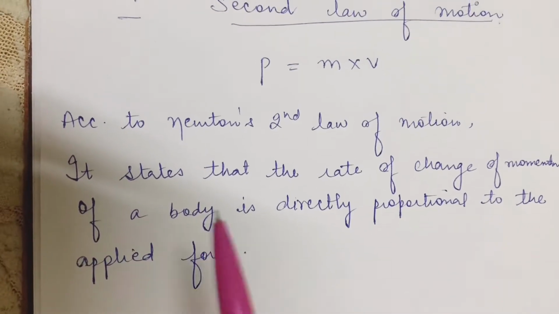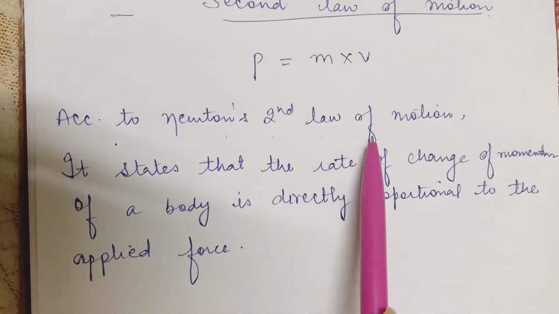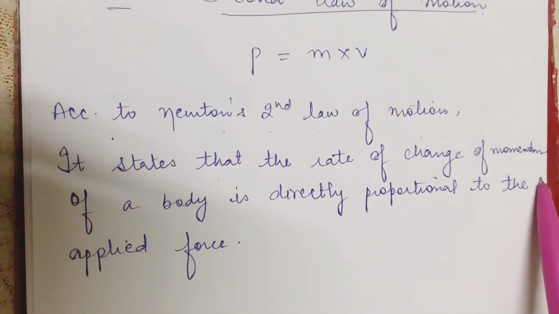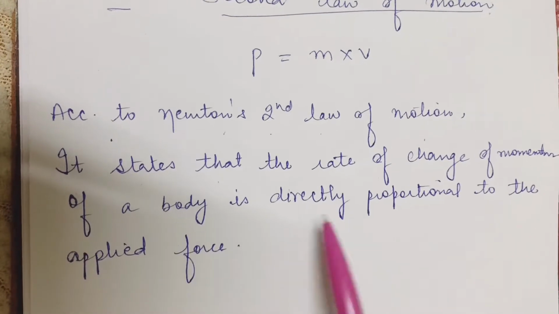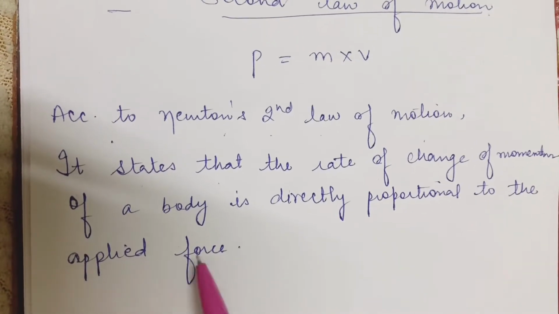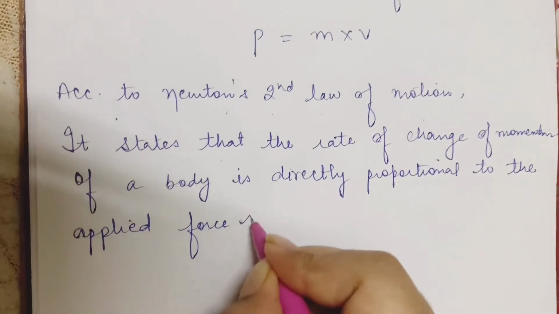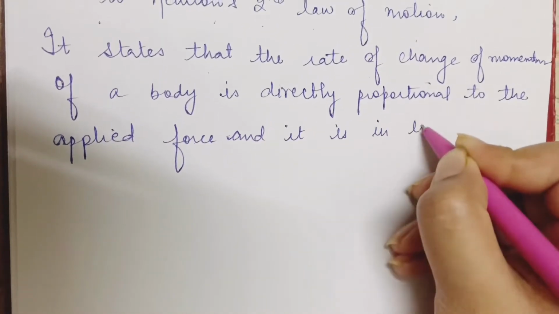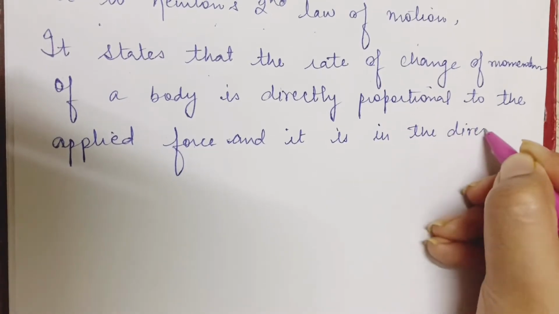Again, I am discussing what Newton's second law of motion stated. It states that the rate of change of momentum of a body is directly proportional to the applied force, and it is in the direction of force.